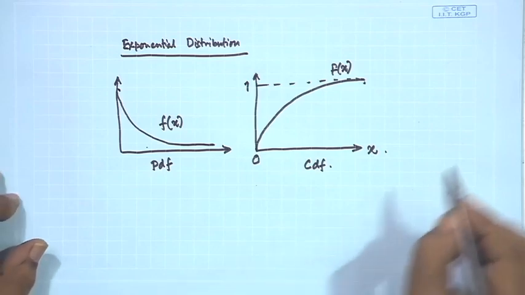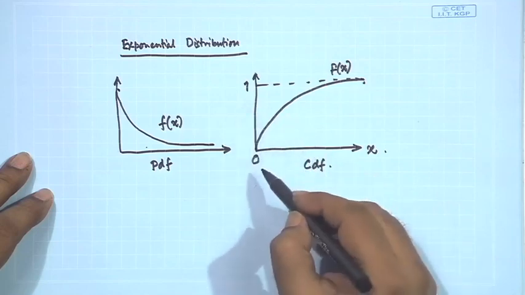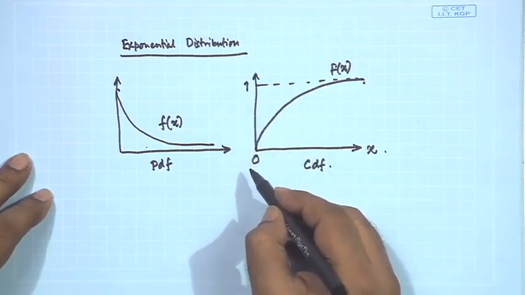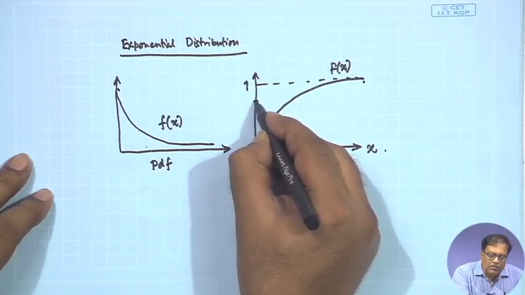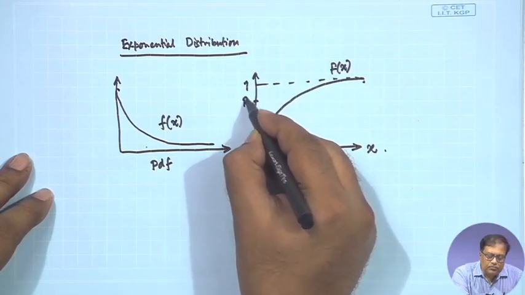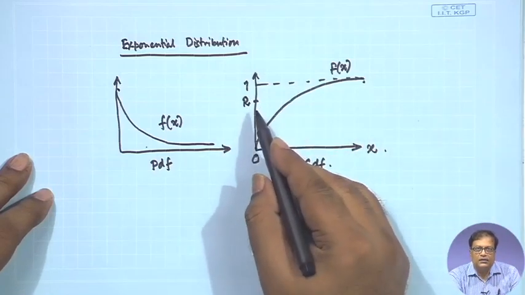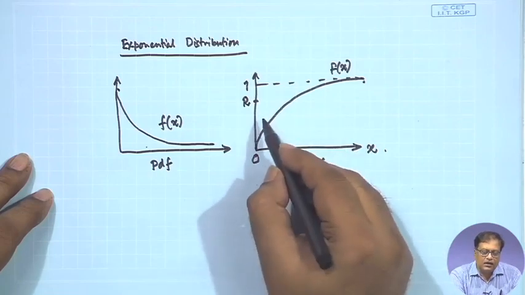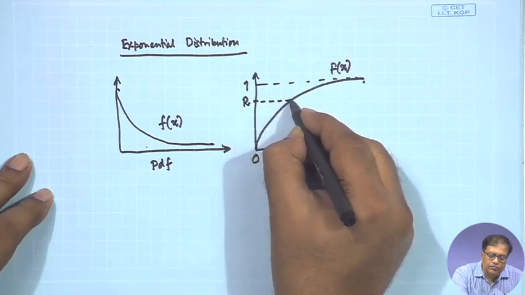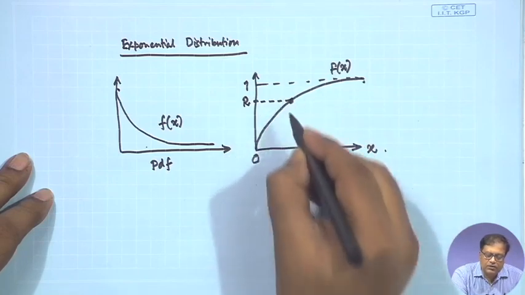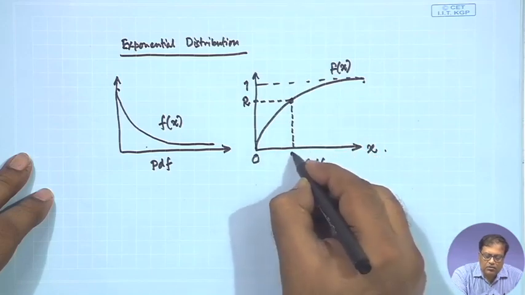So, what you can do, if this number is between 0 and 1, is take a random number between 0 and 1, and let us say your random number is this. So, a random number r which is between 0 and 1 is taken, and if you project this random number onto the particular distribution, then we get a value of x.